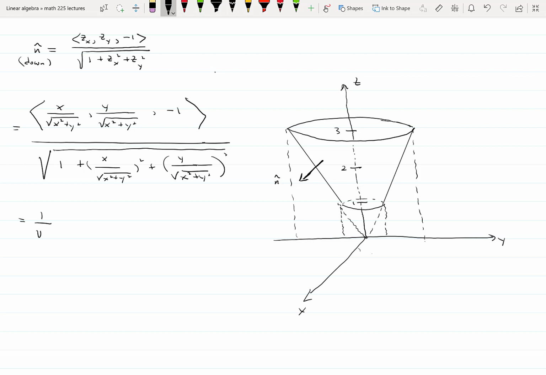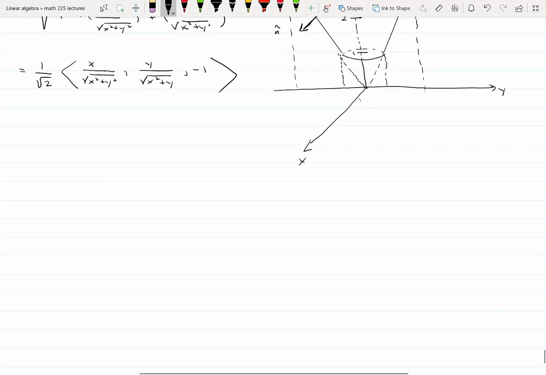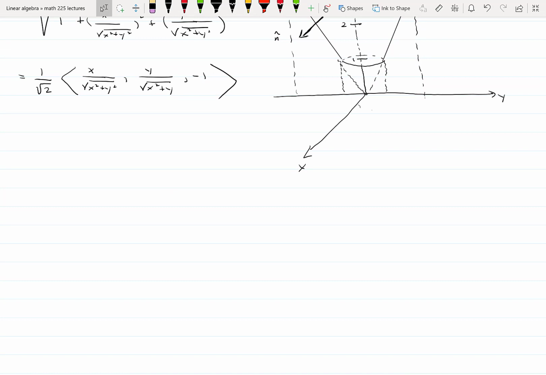So this simplifies into 1 over the square root of 2 times x over the square root of x squared plus y squared, y over the square root of x squared plus y squared, negative 1. Okay, you can stop the video if you want to confirm that that's 1 over the square root of 2. If that didn't make sense, it's no big deal. It'll take you a couple seconds to figure that out.